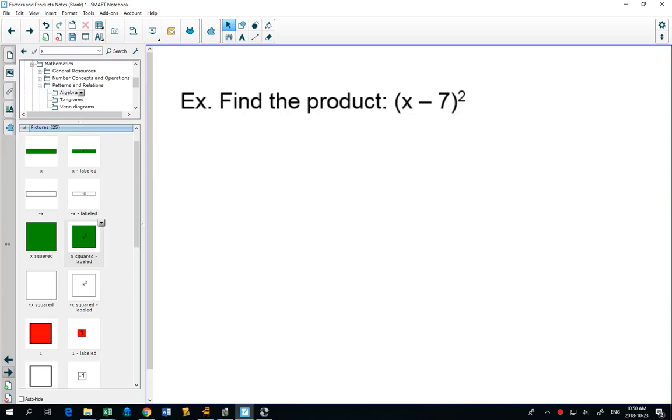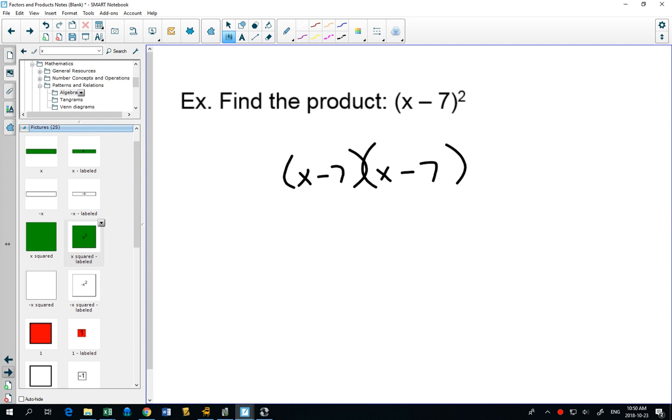It means repeated multiplication. So when I have x minus 7 squared, it means x minus 7 is multiplied by itself twice. And if I have written it this way, well, everything needs to get, uh-oh, wrong first color. Whew, that was close. Everything needs to get multiplied all the way through.